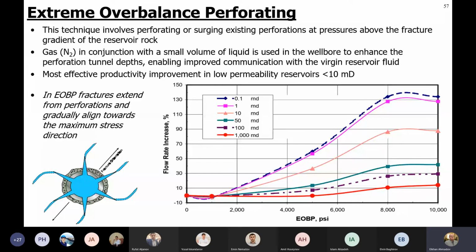That is why sandstones are usually not fractured: they already have enough permeability, and by fracturing you will not get a great effect, and the cost of fracturing will not cover the incremental oil or gas production. Okay, so thanks Vishal, thanks everybody, and let's continue.